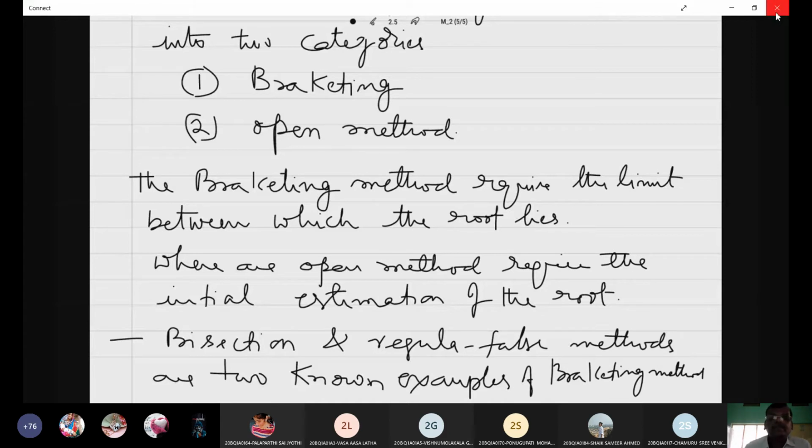These are the 2 examples for the bracketing method, and the remaining 2 are the examples for the open method. That you have to write down on the next page.